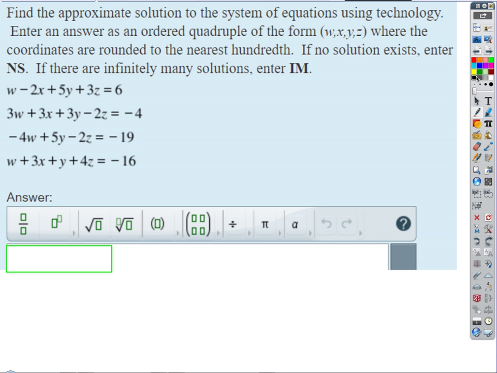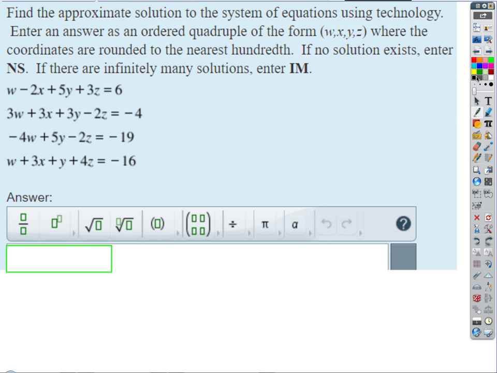A matrix in math, matrices, there's a class that you will hopefully all take when you go on to college and you're doing your math stuff, whether you're a math major or just taking math on the side. You're going to take a class called something like linear algebra and matrix theory. It's a really valuable class.